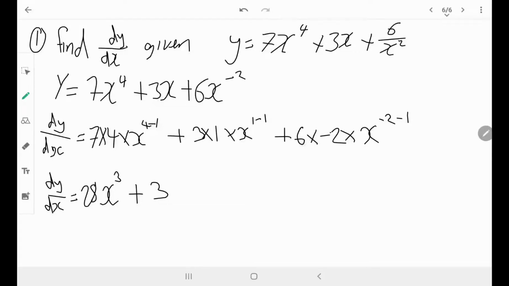We have 6 times minus 2, which is minus 12x to the minus 3. And that's it. So our answer is 28x cubed plus 3 minus 12x to the minus 3. And you could have this bit at the end as 12 over x cubed.